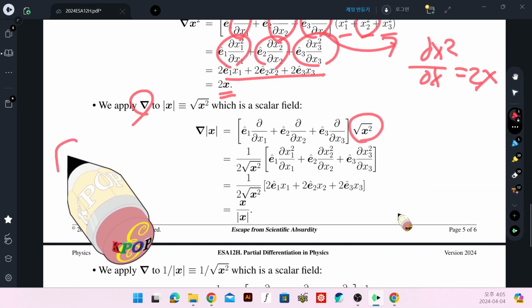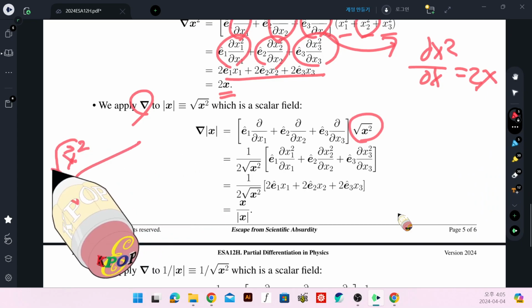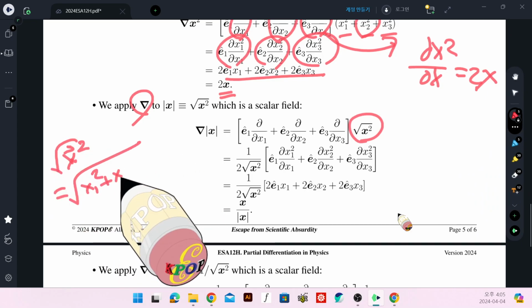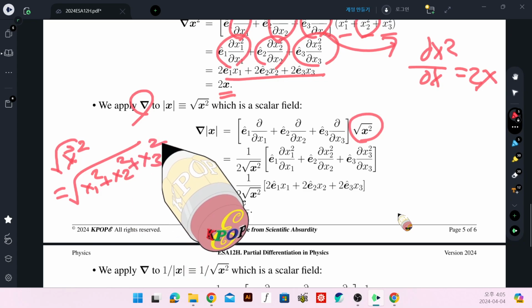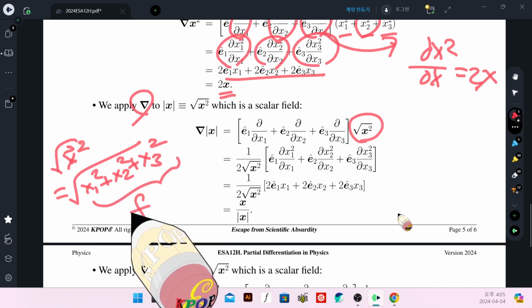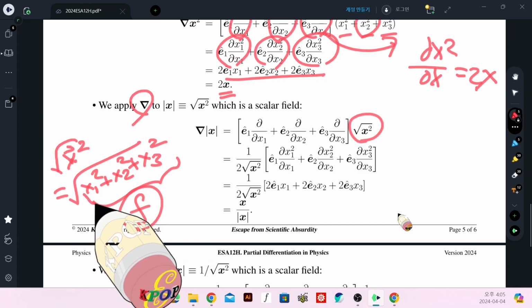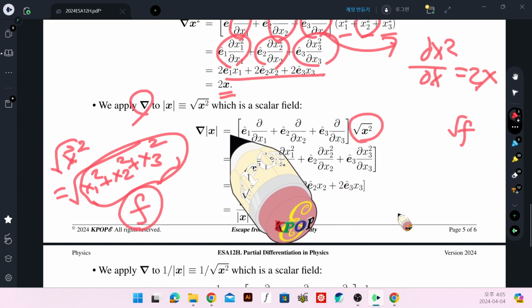This x vector squared is x1 squared plus x2 squared plus x3 squared. So we'd like to use the chain rule. Let's rename this one as f, so the square root of f. How can I do this computation?